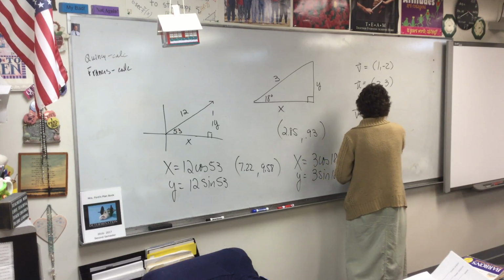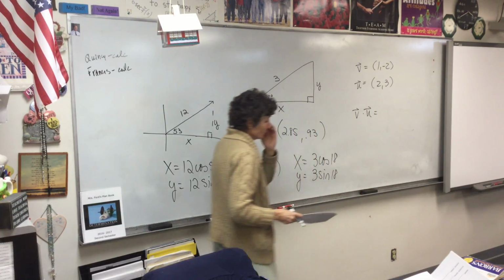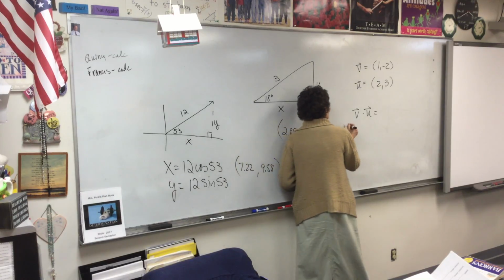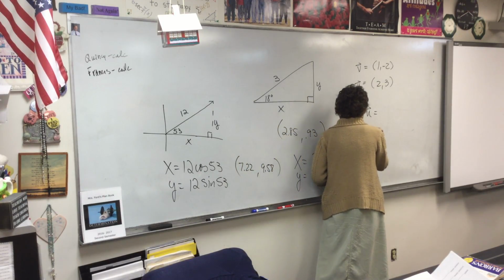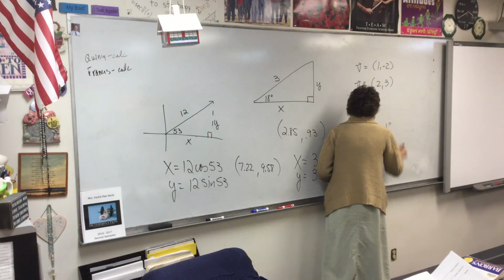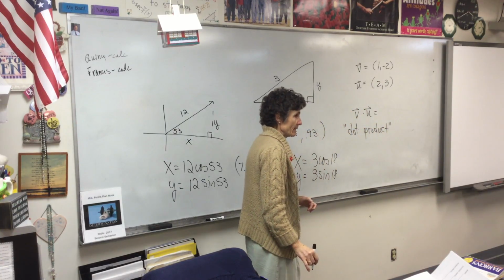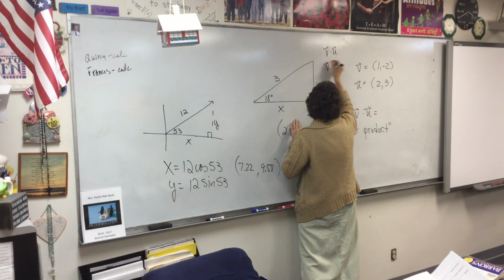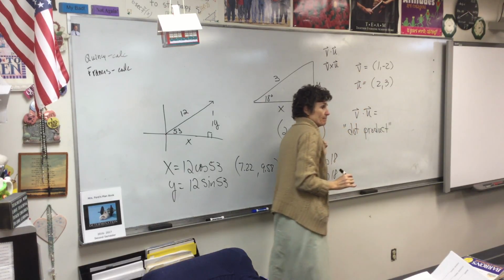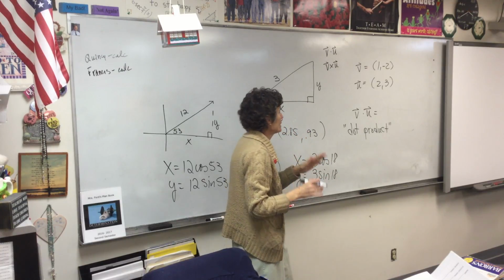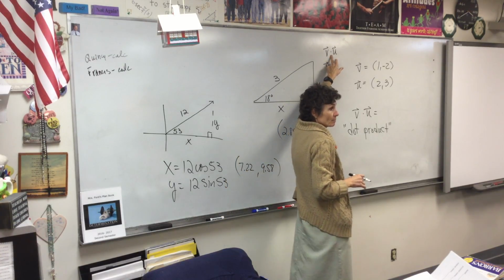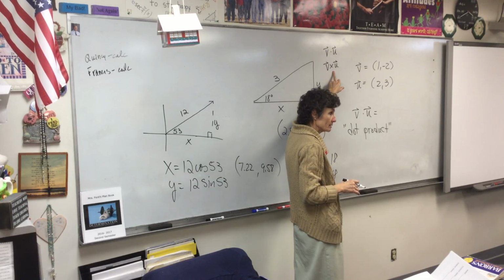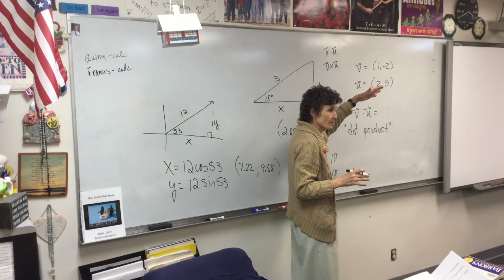All right, so here we go. First thing we're going to do in section 6.2 is find what we call the dot product. In vector land, this means something different than this. This is called the dot product, and this is called the cross product. They're different.